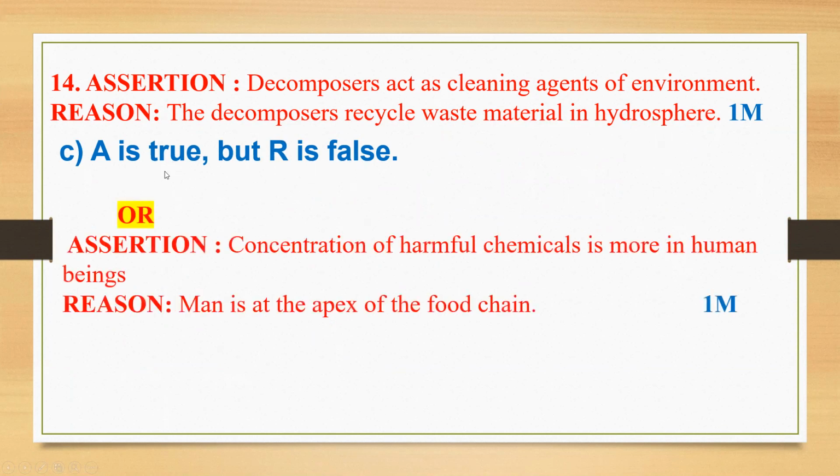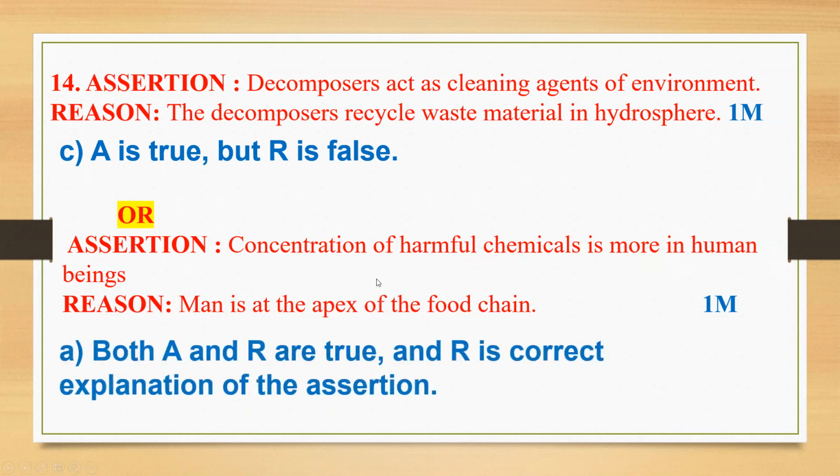Move to the internal choice for this question. Assertion: concentration of harmful chemicals is more in human beings. Reason: man is at the apex of the food chain. Of course, you know biomagnification. Biomagnification is nothing but introducing chemicals into the food chain.